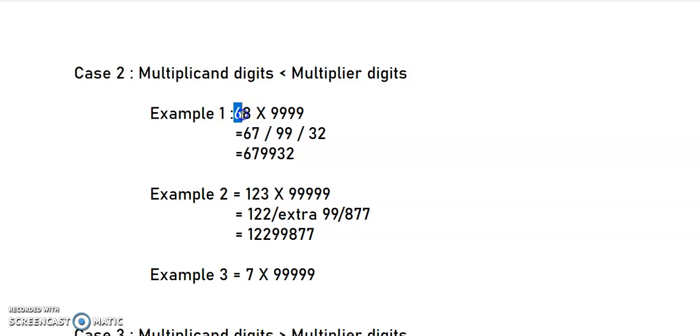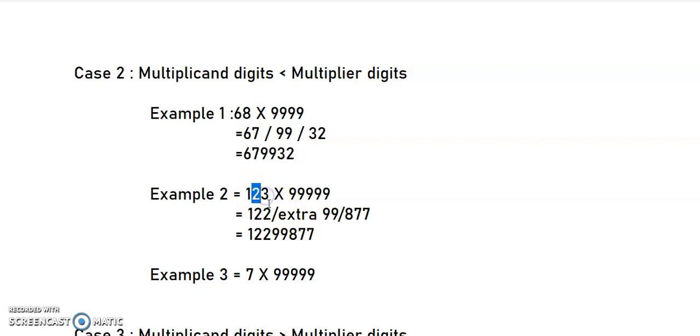But here only 2 digits are there, so apart from the 2 digits, how many extra nines are there? 2 are there, so I am writing 2 nines here. Then the same complement for 68, which is 32. The answer is 679932. So we will see another example for better understanding.